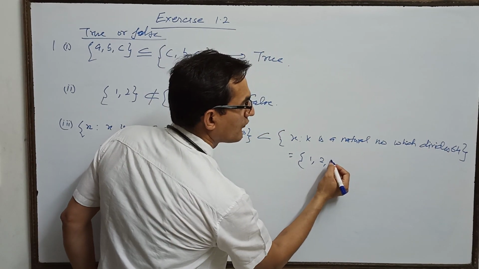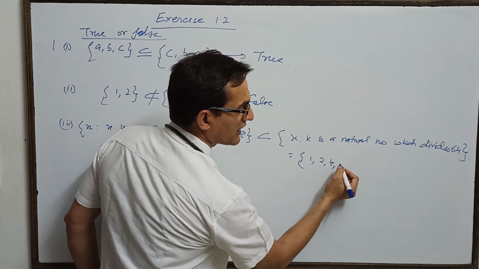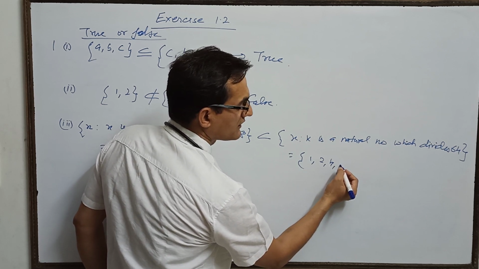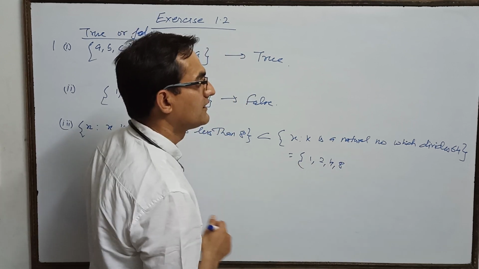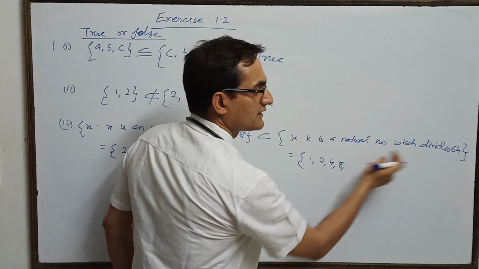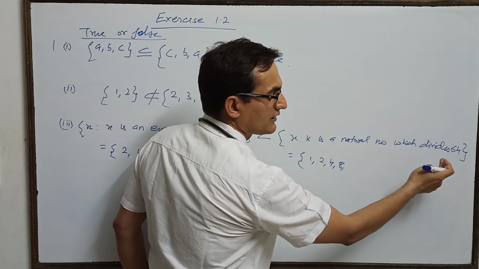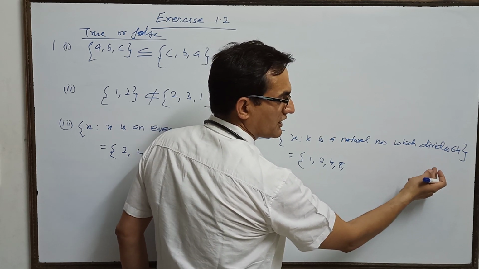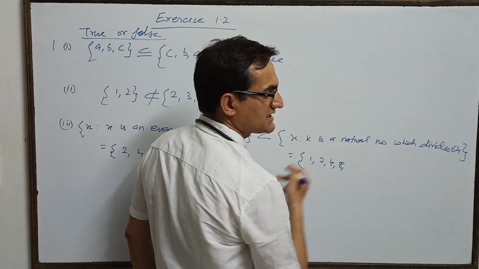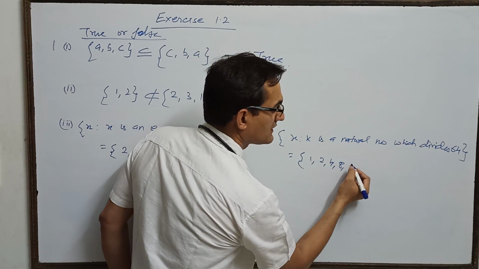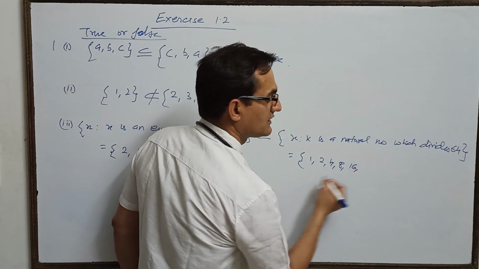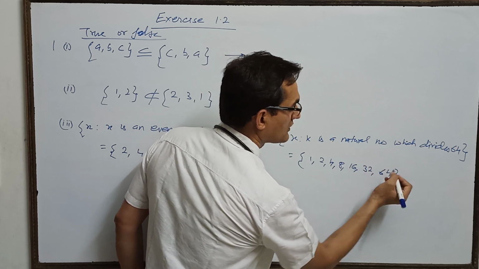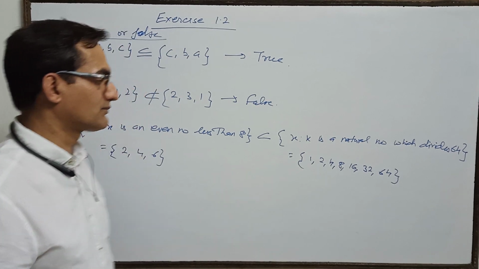No. 4 can divide, then 8, 16, 32, 64. These numbers can divide 64.